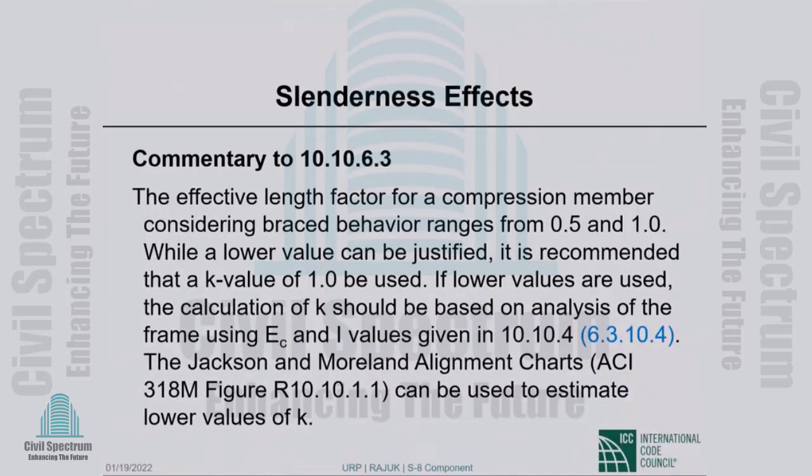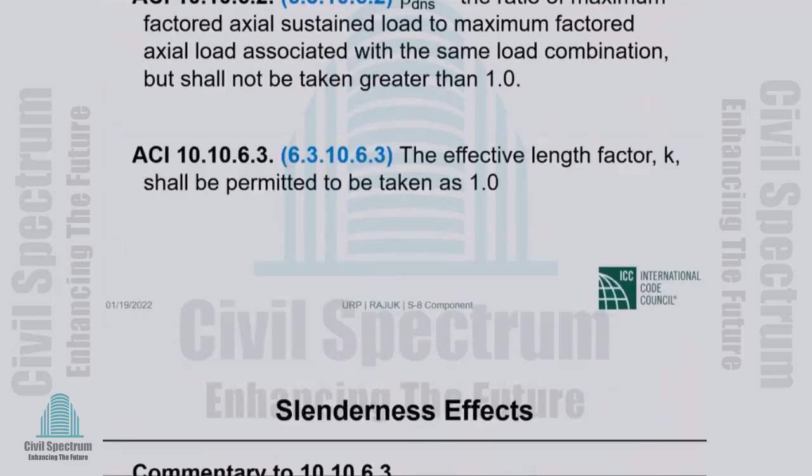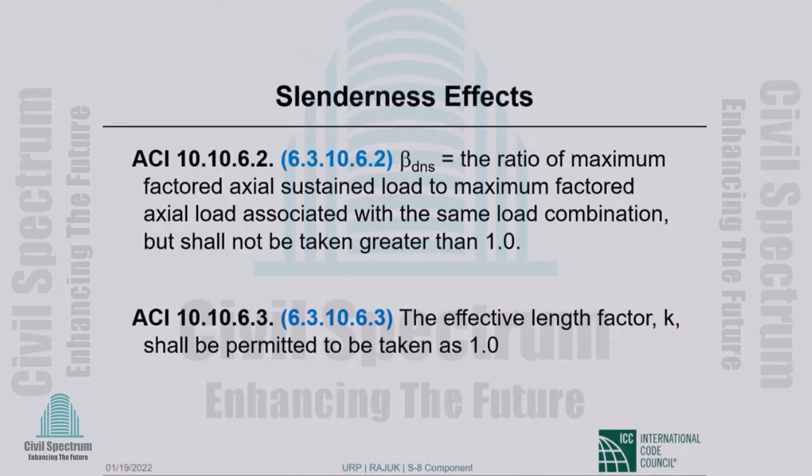The effective length factor K shall be permitted to be taken as 1.0. So remember, these are braced columns, non-sway. So K is between 0.5 and 1.